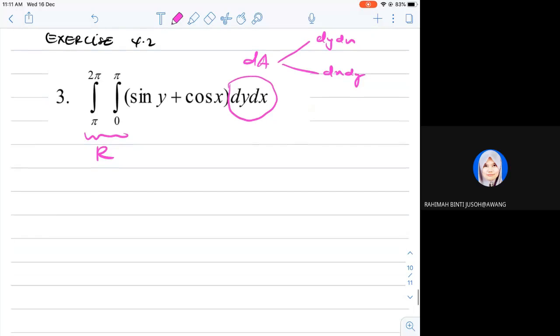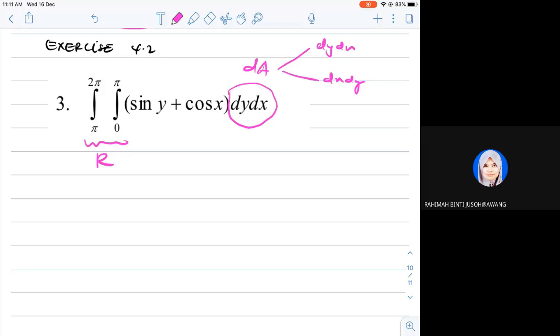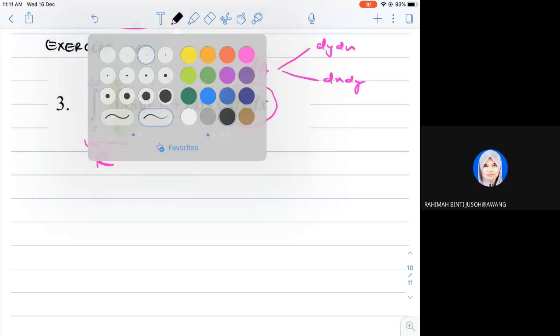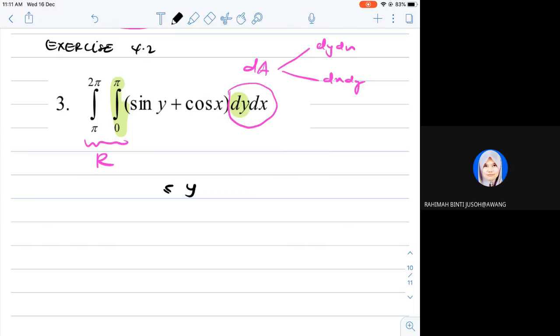Okay. So now, guys, how do we read this? Look here carefully. I will use green color for y. Since dy is the inner, the limit of y should be in the inner part. Okay, so y is starting from 0 until pi.